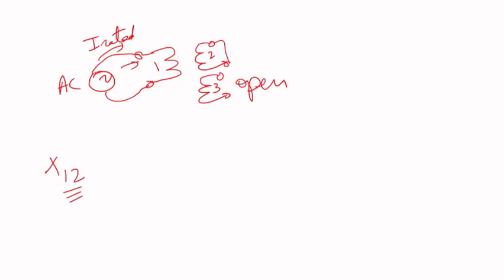So then, because you have the core, you have some leakage, and also you will determine R12 because you're going to measure, in this case, losses, load losses. You're going to measure the voltage, and obviously you circulated the rated current.